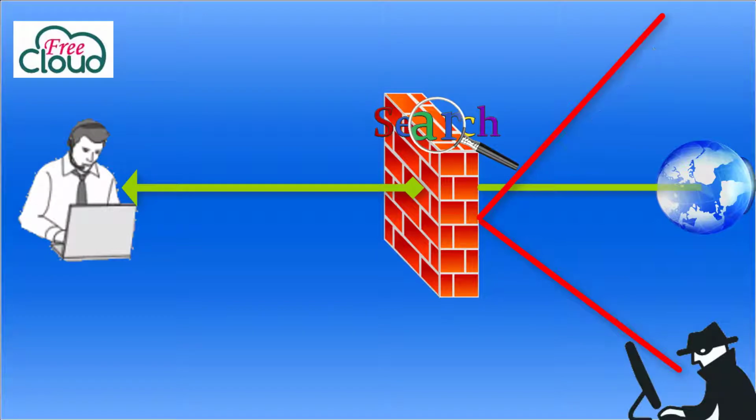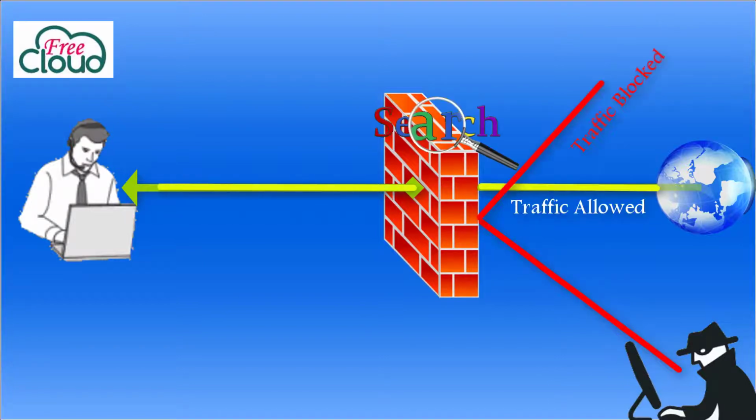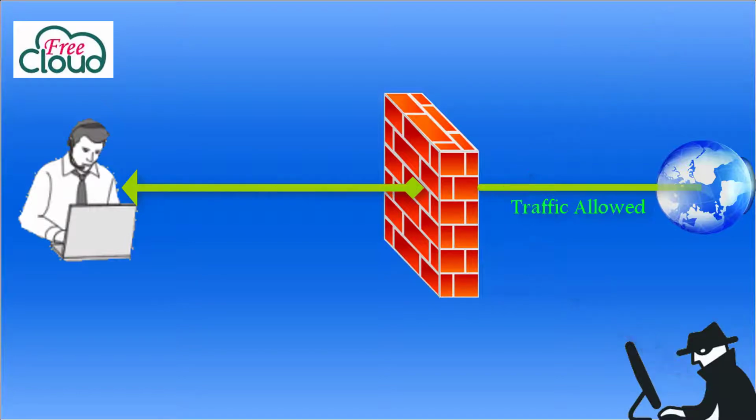It can be configured to allow only certain inbound connections and certain outbound connections. In this way, a rogue user outside of your firewall cannot get at your computer, but you will still be able to access the internet from behind your firewall, and we will discuss that further in this video.